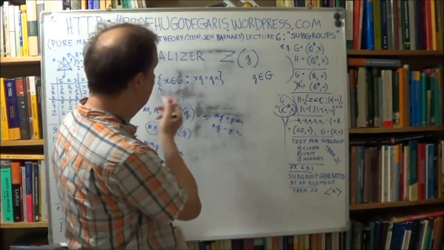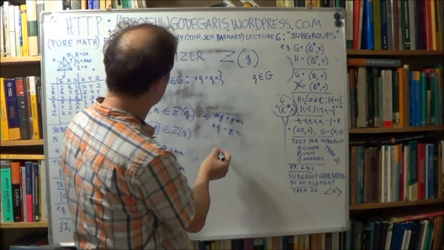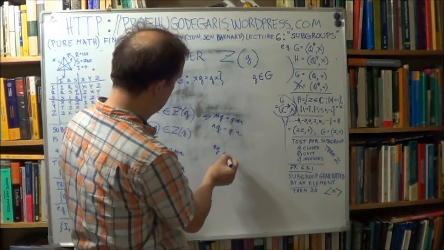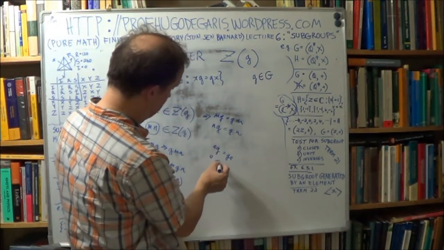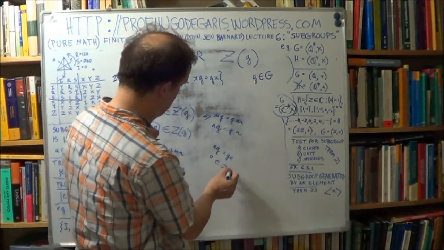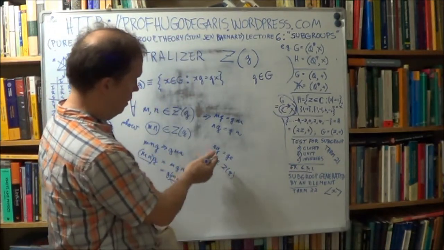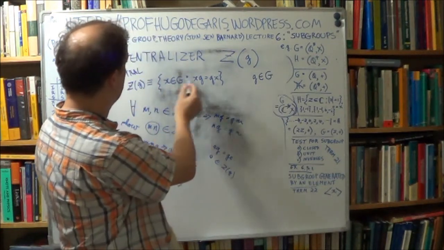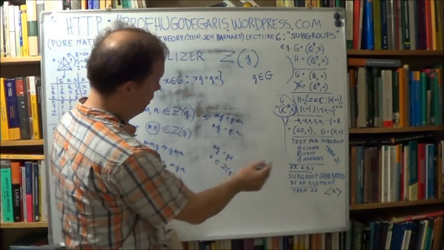Well, let x be e. So eg is ge. That works. Therefore e belongs to Z of G. Just the unit of the group belongs to this set. All right, so we have a unit.